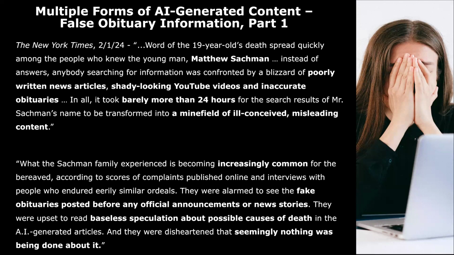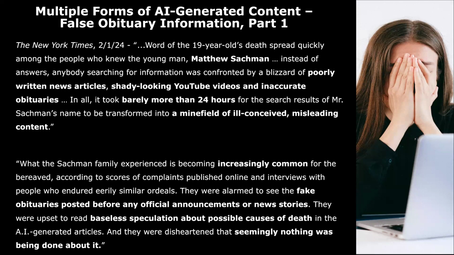Instead of answers, anybody searching for information was confronted by a blizzard of poorly written news articles, shady-looking YouTube videos, and inaccurate obituaries. In all, it took barely more than 24 hours for the search results of Mr. Satchman's name to be transformed into a minefield of ill-conceived, misleading content, end quote.